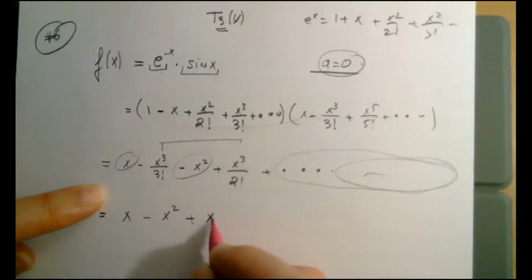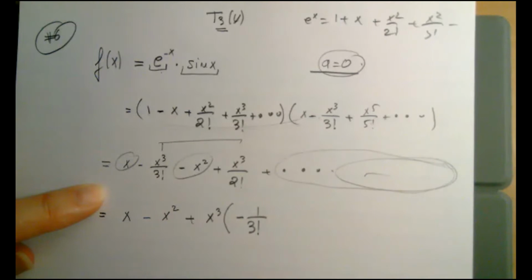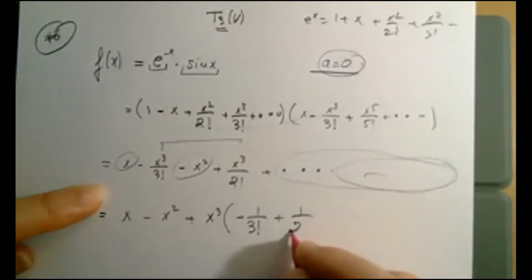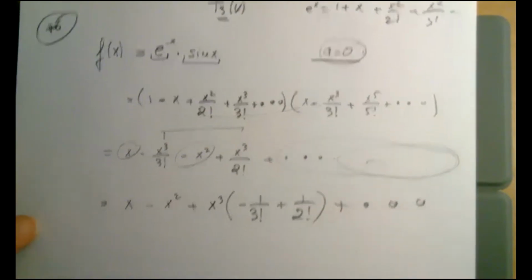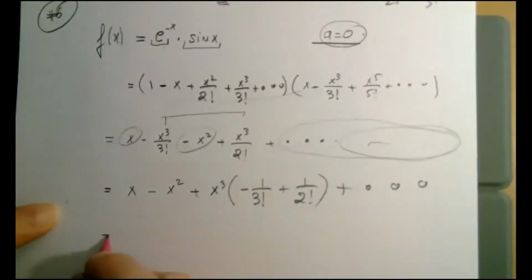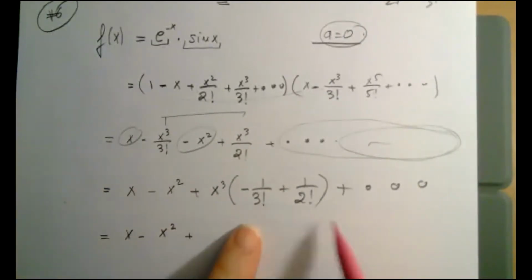So I will factor out my x cubed, and I will be left with 1 minus 1 over 3 factorial plus 1 over 2 factorial, and there are a bunch of terms. And so this is going to give me x minus x squared plus minus 1 over 3 factorial. It means this will give me minus 1 over 6.